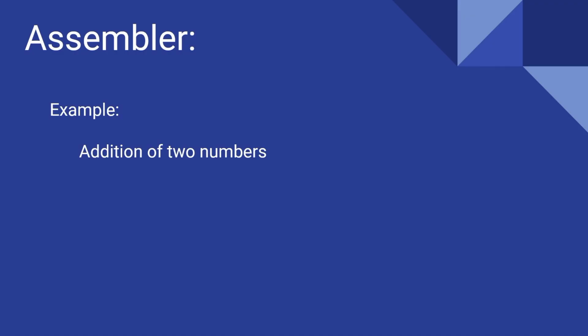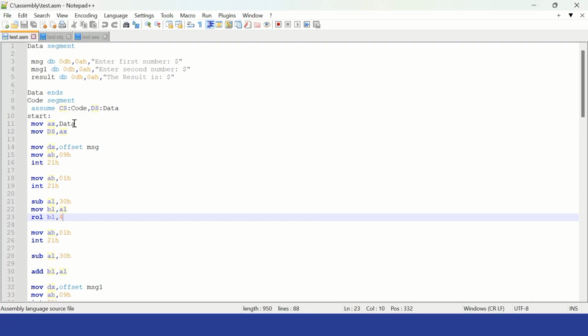Okay, let's start. First of all, we can see what assembly language looks like. This is the assembly code. It looks like this.